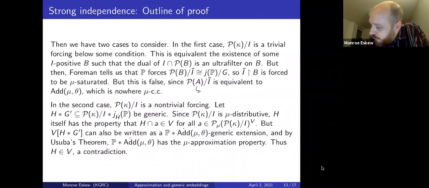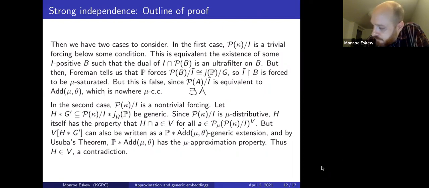So there is an A such that P kappa PA mod I bar is forcing equivalent to adding mu theta, because we had this hypothesized J, this ideal, and we found that J is actually a restriction of I bar. It's equivalent to adding mu Cohens, and this is mu closed, not mu CC, nowhere mu CC, so this case is ruled out.